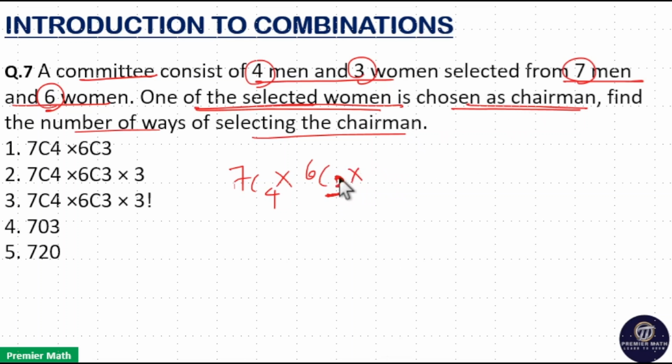Here from these 3 women we will choose any of these 3 as chairman in 3C1 ways. So multiply it, because here we already selected 3 women. Now this is the possible selection of chairman. 3C1 is equal to 3. So option 2 is your answer.